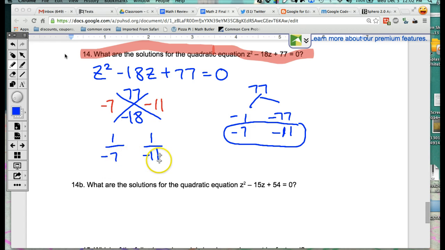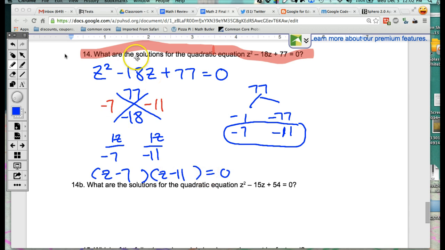Can you simplify these fractions? No, so we're going to go ahead and just put them in parentheses. Now we have two parentheses and that equals 0. What letter are we playing with here? Z, so we're going to put Z minus 7. So it's Z minus 7 and Z minus 11. Are we done?